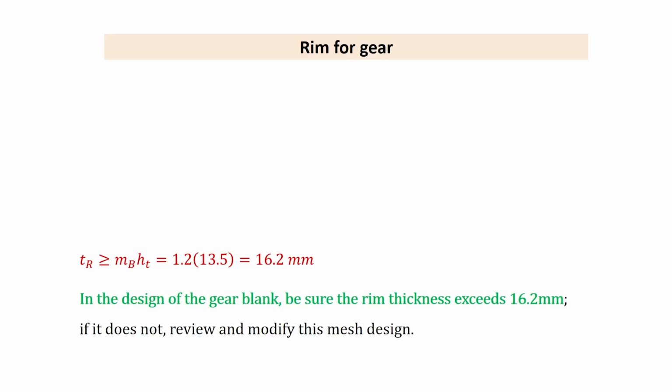Now, what should be the rim thickness? The gear pitch circle diameter is very big, and so it will not be made as a blank, but it will be cast with a rim.